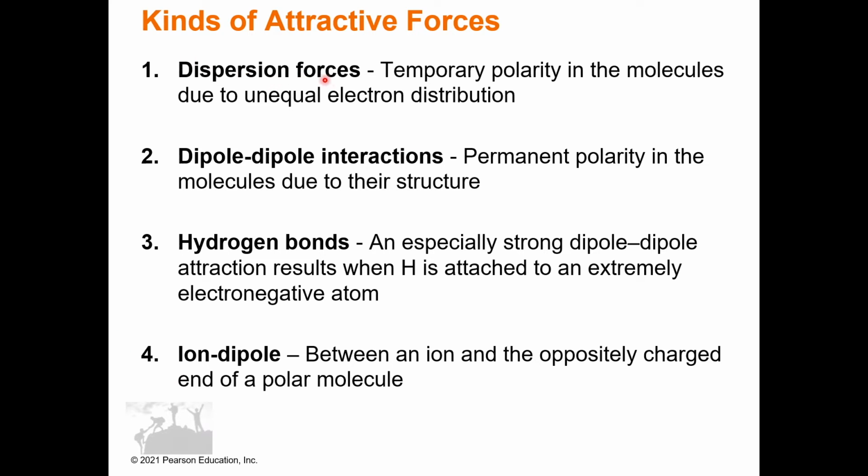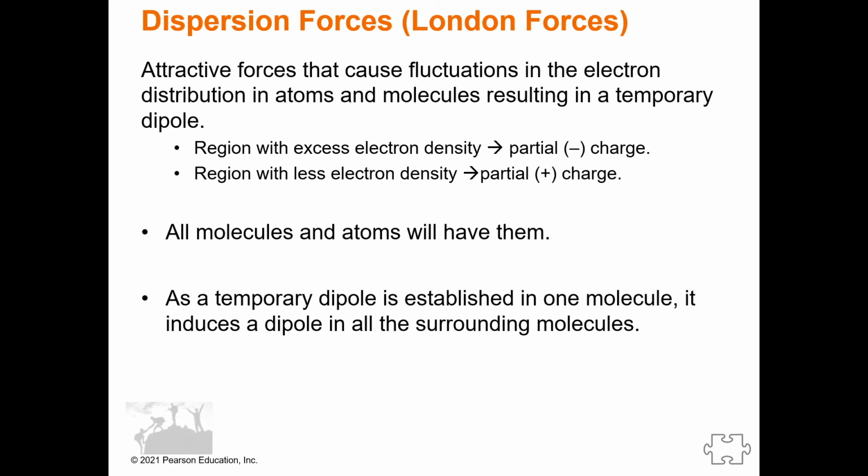So the first type of force, dispersion forces, we're only looking at nonpolar molecules here. And as we go down the list, we start to see more polar molecules and then eventually ions. So our weakest type of intermolecular force is the dispersion force, which is also called a London force.